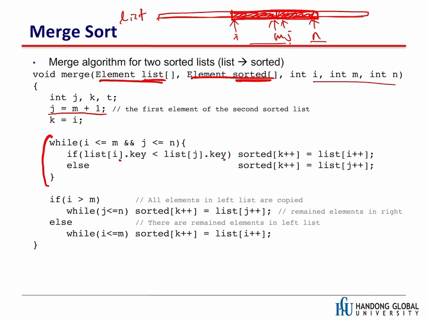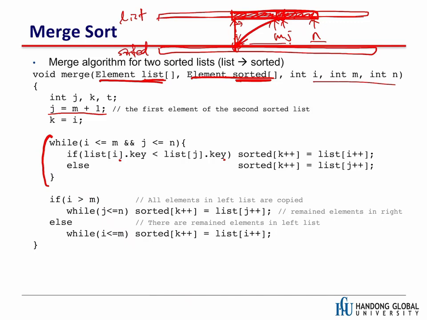If I's key is smaller than J's key, then we copy I's element to the sorted list, and then we increase K and I. So I goes to the next one and K goes to the next one. Otherwise, it means J's key is smaller than I's key. Then we copy J's element to the sorted list, and then we increase K and J.